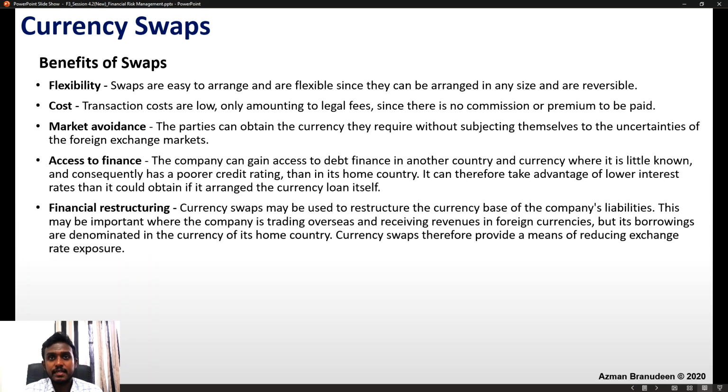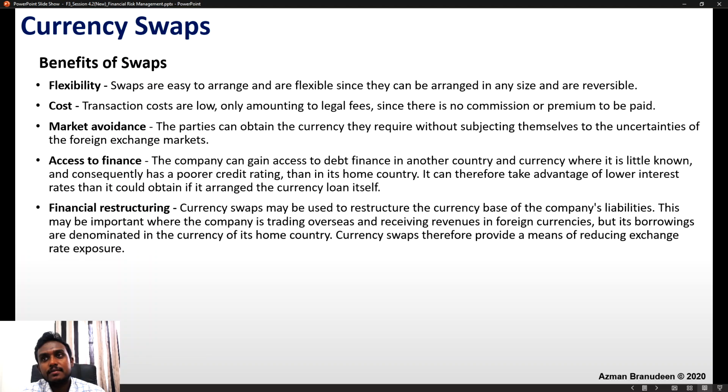Financial restructuring: currency swaps may be used to restructure the currency base of the company's liabilities. This may be important where the company is trading overseas and receiving revenues in foreign currencies, but its borrowings are denominated in the currency of its home country.